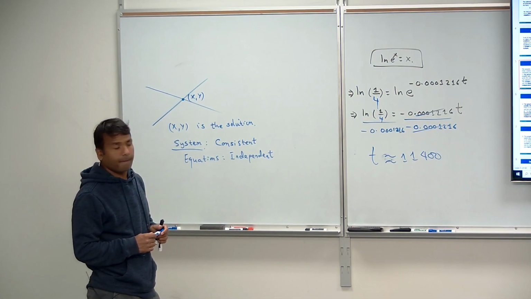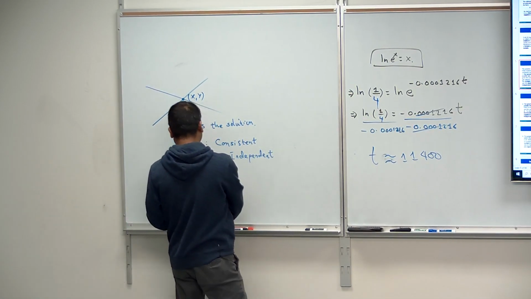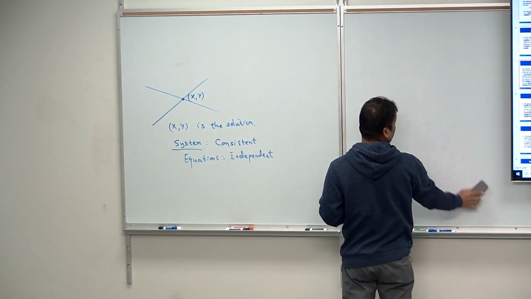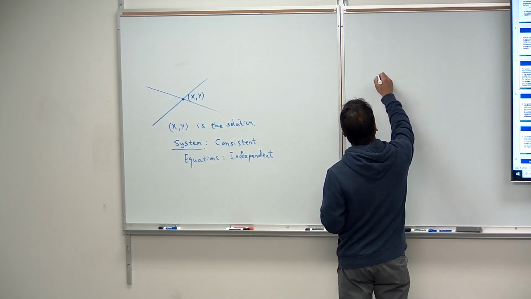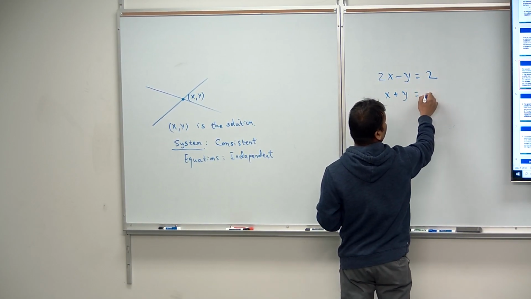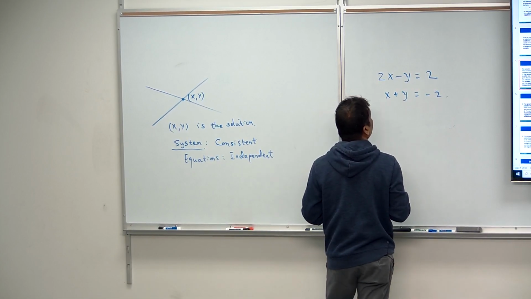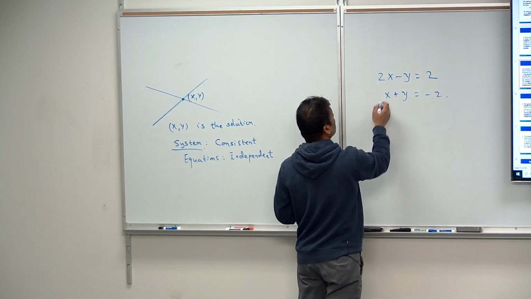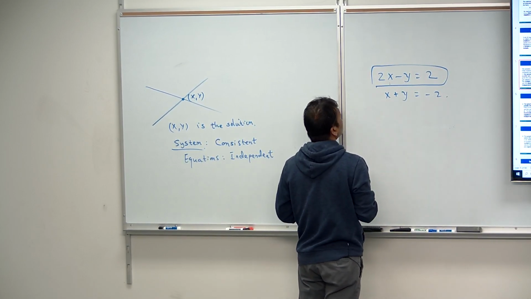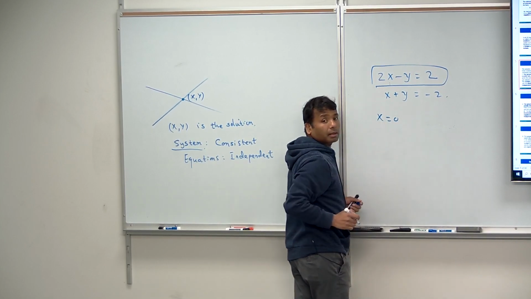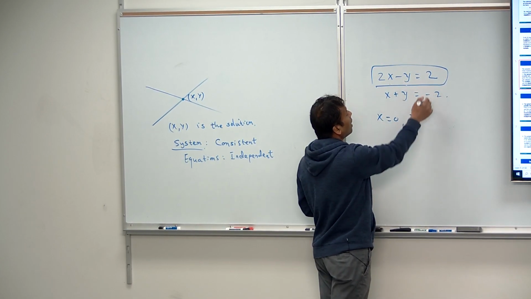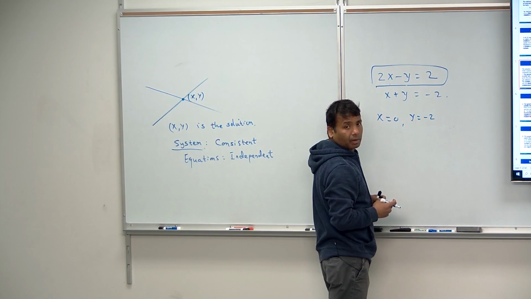That makes sense. Now, if you draw the real graph, let's say you have a system like 2x minus y equals 2, and x plus y equals -2. Let's take care of the first one first. If you plug in x equal to 0, the value of y is -2, right?